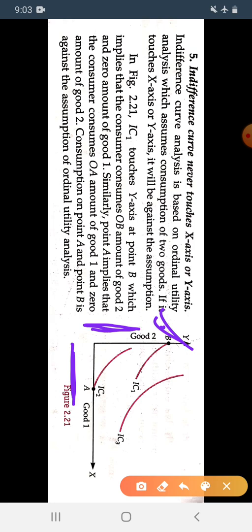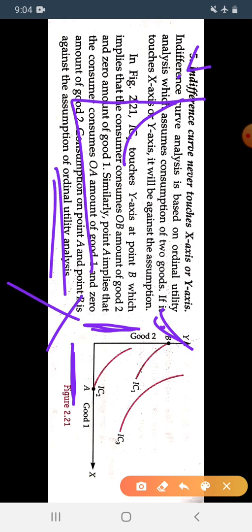If it touches the x-axis or the y-axis, it means we are consuming 0 of one good and something of the other. An indifference curve depends upon the combination of two goods in which the consumer is indifferent, because each bundle of goods gives equal satisfaction to the consumer.